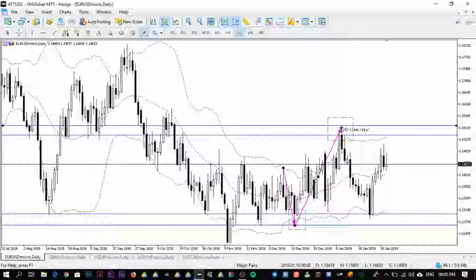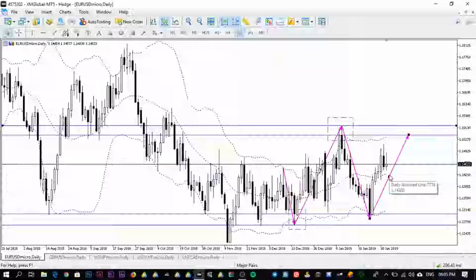So it came over here, formed our support, pushed up and formed our resistance. It came back down and bounced off our support, and now it's giving a push towards the top. There we go. It's giving a push towards our resistance.